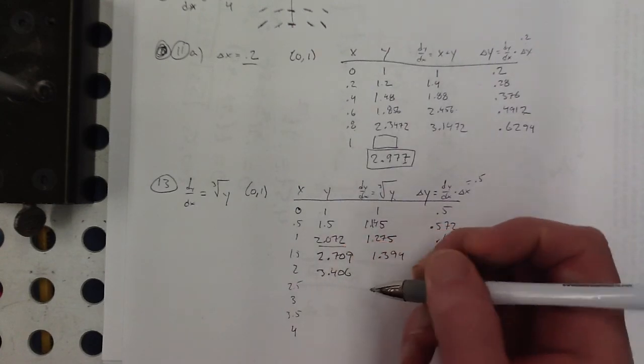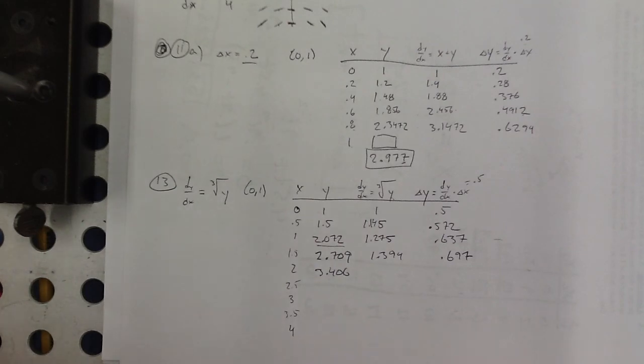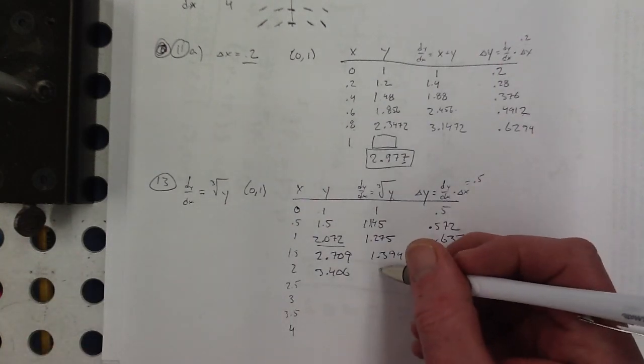If you really like this, you're like, oh, I love this Euler's method, maybe you should become an accountant or something. I have nothing against accountants, by the way.